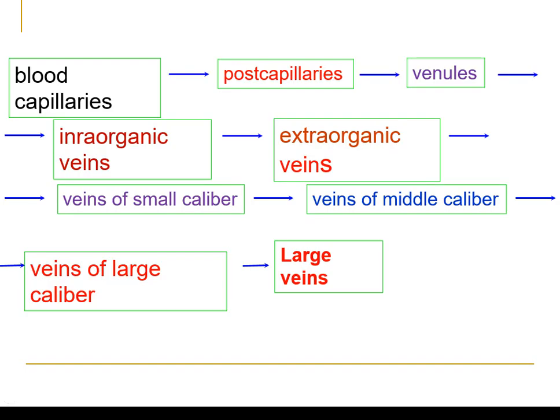Blood direction in the veins. We know the blood capillaries are part of the microcirculatory link. Blood capillaries continue into the postcapillaries and then into the venules. From the venules form the intraorganic veins, then extraorganic veins of small caliber, veins of middle caliber, veins of large caliber, and large veins.